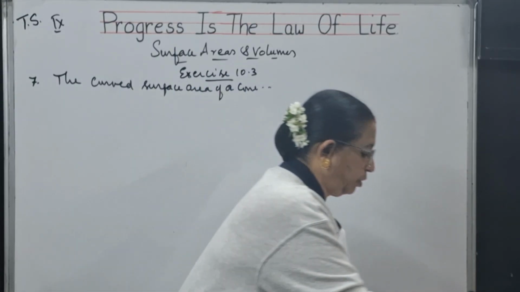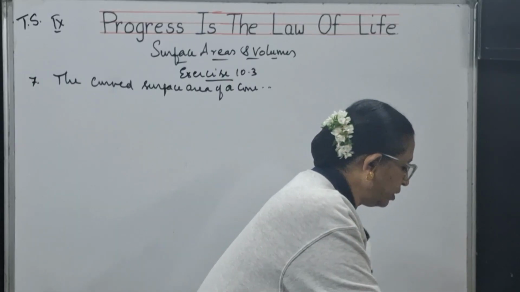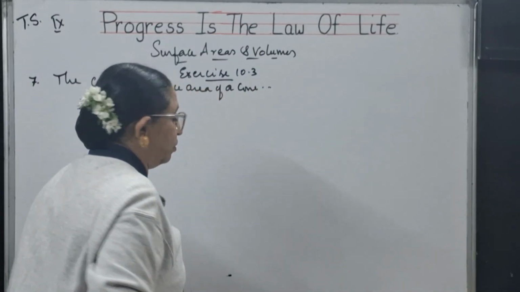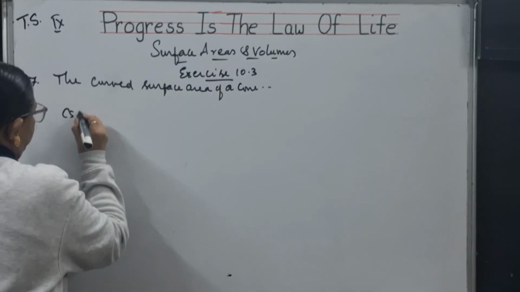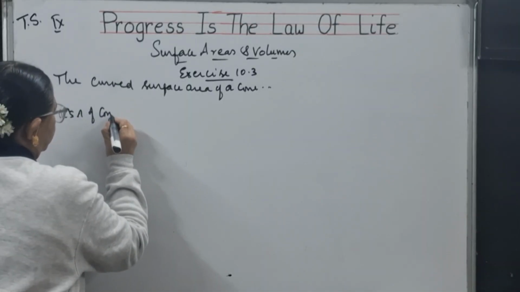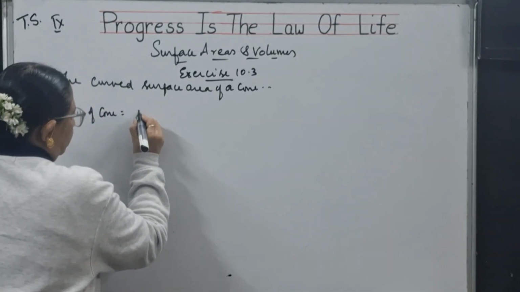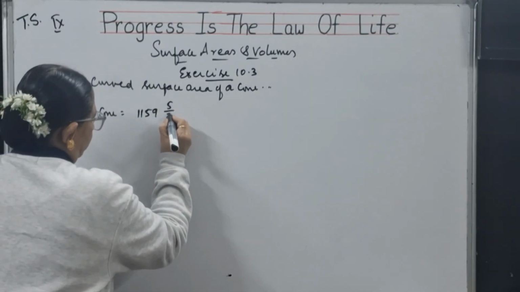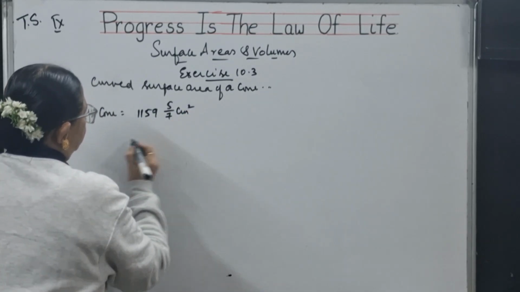Find its volume. So what have they given? They have given the CSA of the cone, 1159 5/7 square centimeters.